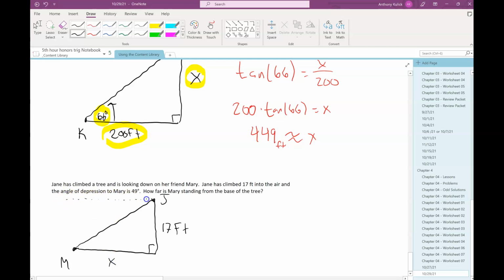So remember, the angle of depression is this one. That's why we needed to make sure that we defined angle of elevation and angle of depression to start, so we're putting the angles in the right places when we draw our picture. Everybody's cool with that?